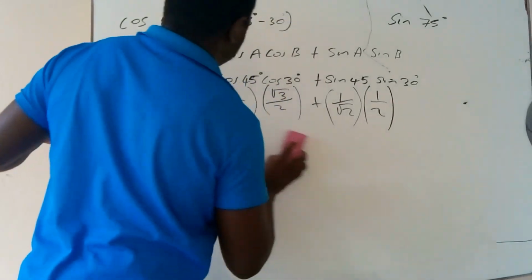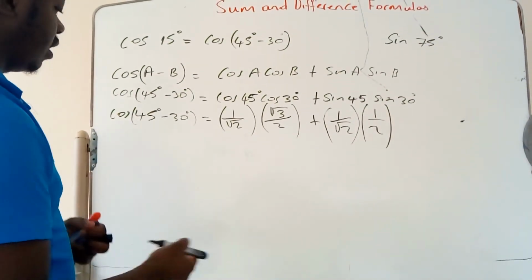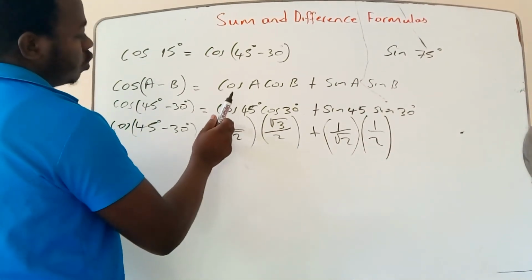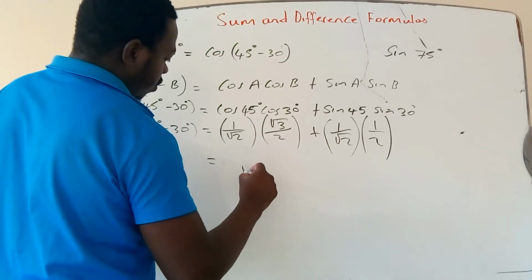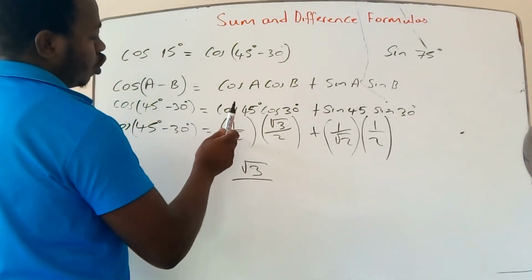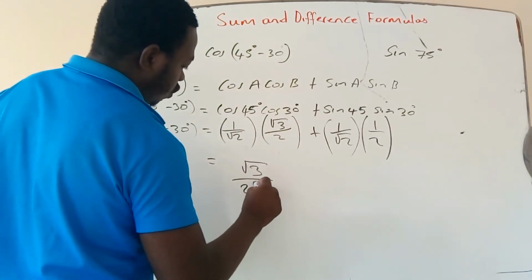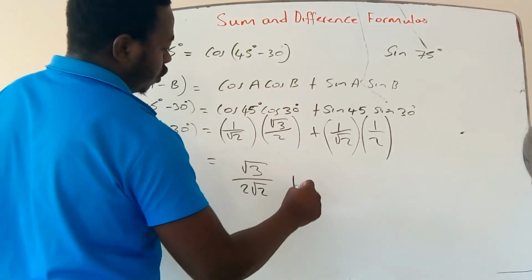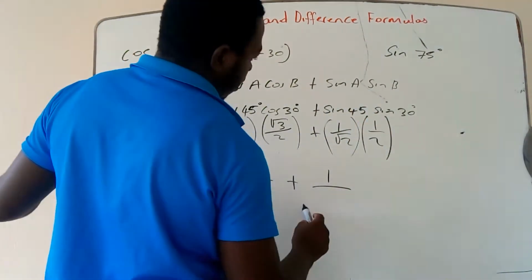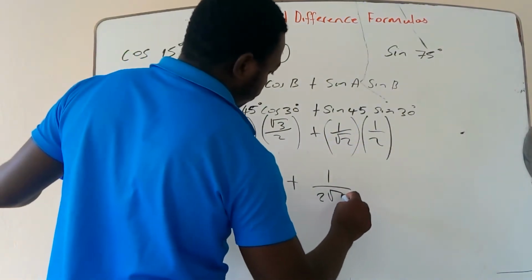All you need to do is simplify these. What is 1 times root 3? That is just root 3. What is root 2 times 2? That is just 2 root 2. Plus, what is 1 times 1? That's just 1. What is root 2 times 2? That's just 2 root 2.